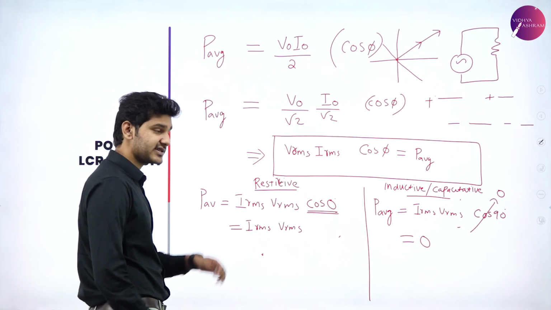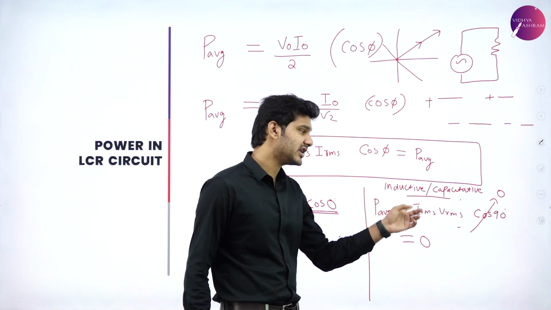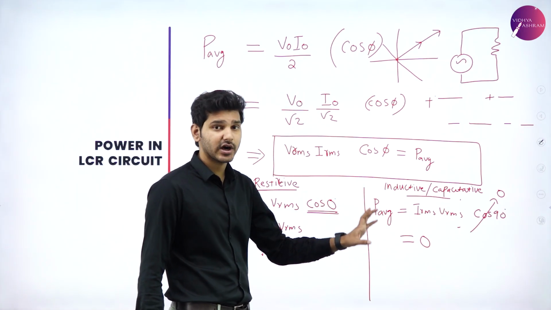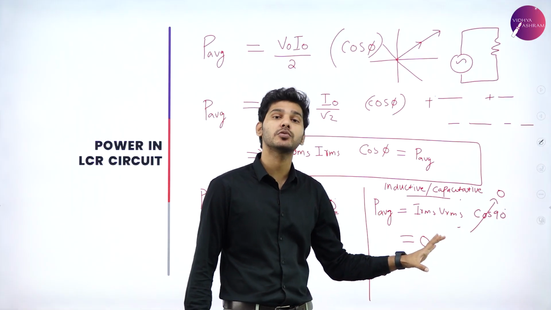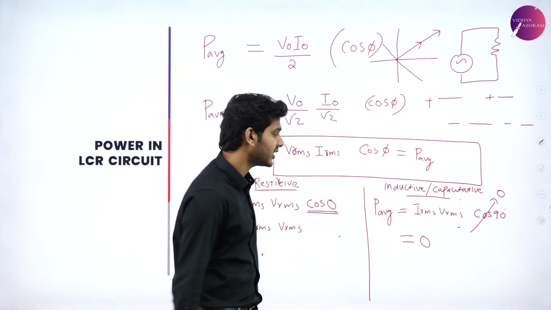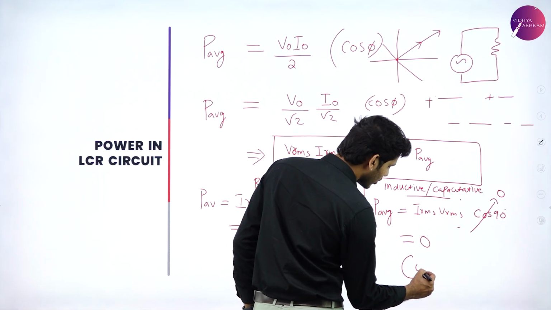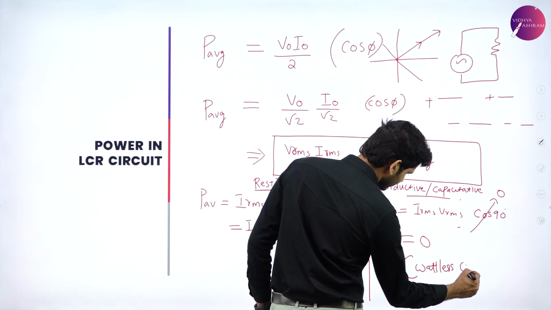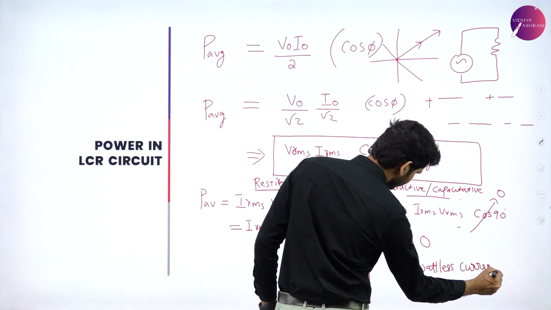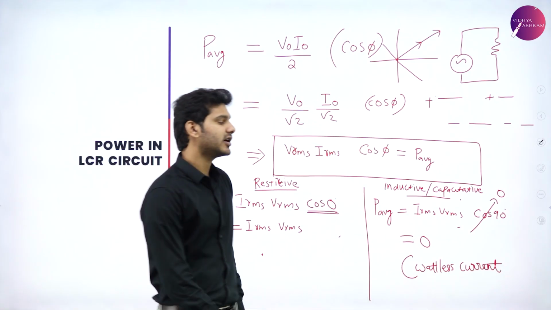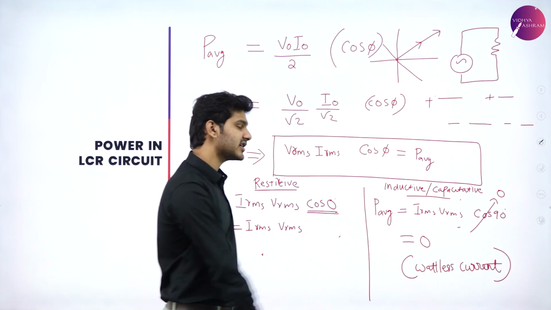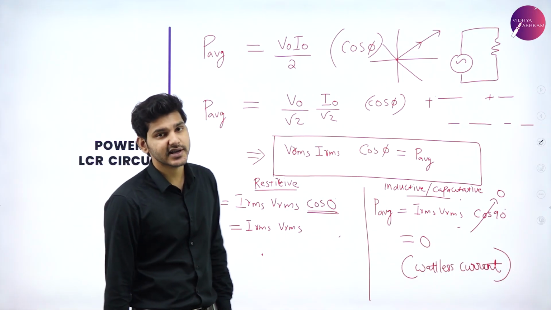It is a purely resistive circuit. This one is an inductive or capacitive circuit. So this type of current where the average power output is equal to 0 is also known as wattless current. That is because the average power is equal to 0. That is why we call it wattless current.